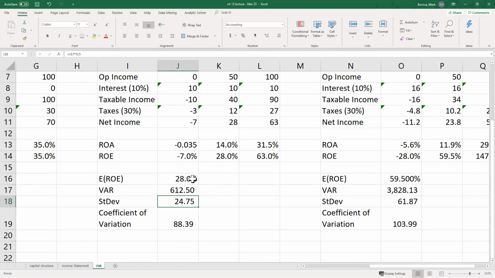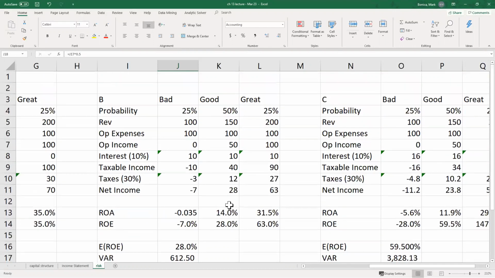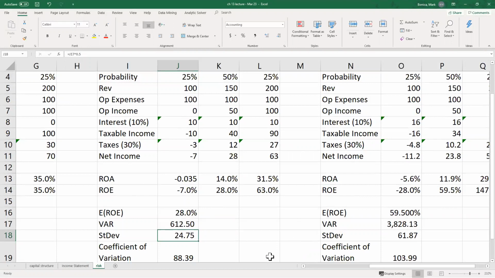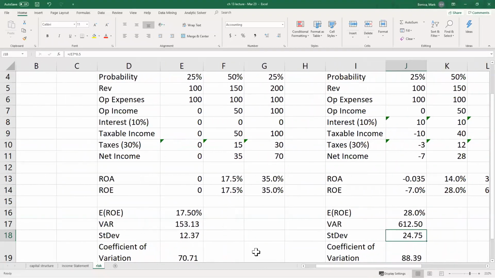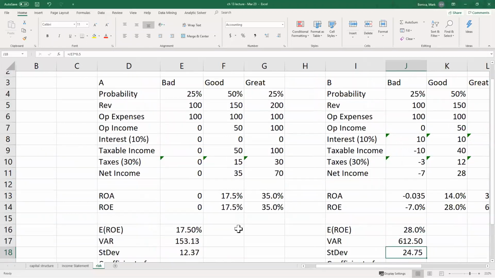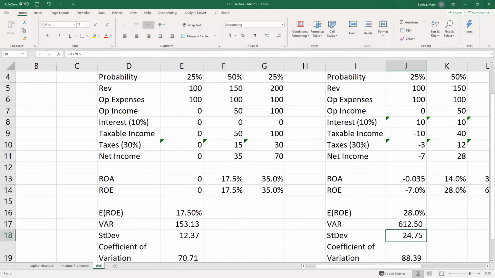Our firm's total risk is measured by its standard deviation. So we're looking at the three different arrangements of capital structure that we've talked about. The first one is 100% equity. The second one was 50-50 equity. So we'll just focus on those for the moment.